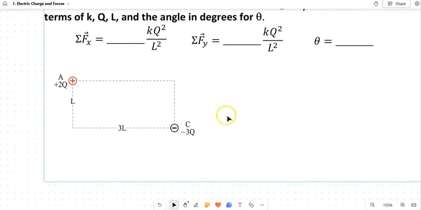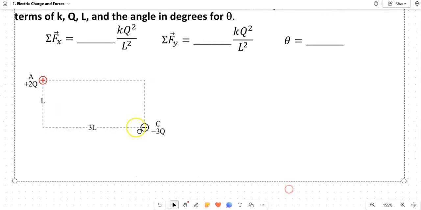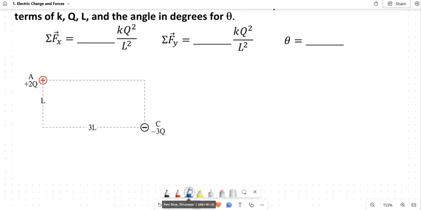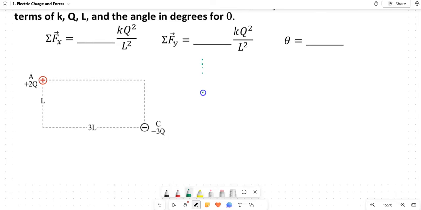So the first thing that we're going to do is start off with our force diagram on the -3Q charge. I'm going to write my coordinate system just like I did in the 1D. So nothing has changed as far as the procedure that I've been trying to teach you. Okay, we're going to write our little coordinate system. And in fact, since I have this area right here, I'm going to put the coordinate system right on top of this -3Q charge.